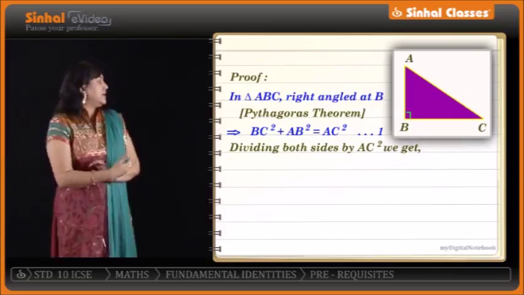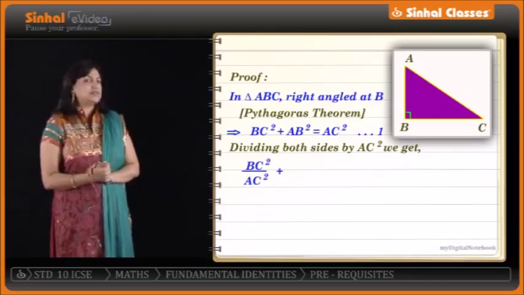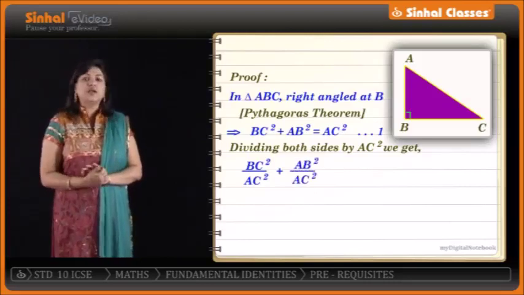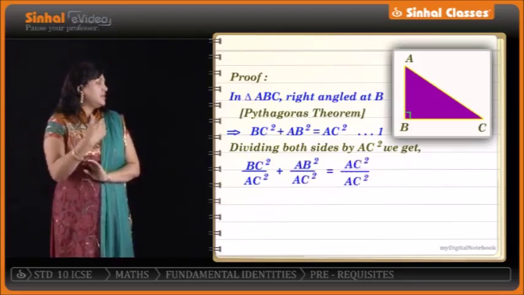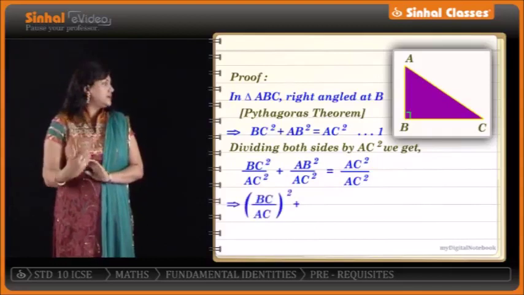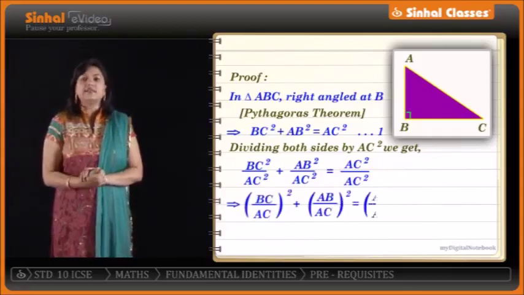We get BC square upon AC square plus AB square upon AC square is equal to AC square upon AC square. Now the first term we write as BC upon AC the whole square, second term as AB upon AC the whole square and the right side as AC upon AC the whole square.